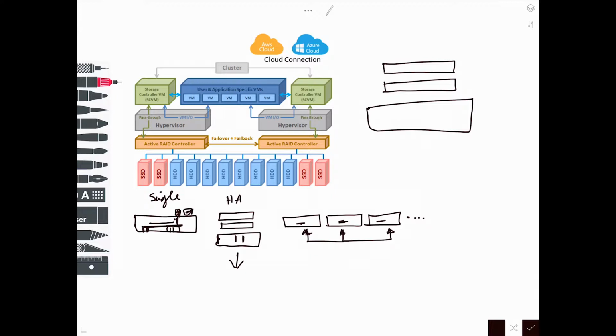Anyway, the storage has two active RAID controllers. These are compute nodes, and this is a storage node. In the storage node, you can put SSD drives and hard drives. The hard drives are here, as you see, and you can place SSDs.